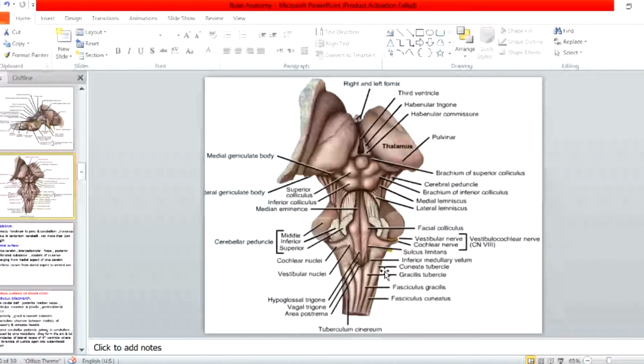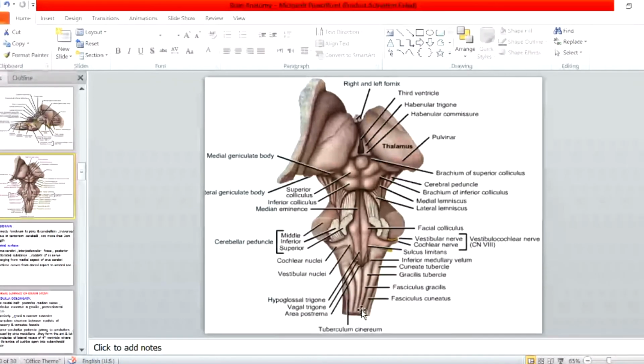Now looking at the dorsal surface of the medulla oblongata, you see the dorsal surface in the lower half is closed, in the upper half it becomes opened. In the lower half, again you have the posterior median sulcus. Lateral to it is an elevation on each side, we call it the gracile tubercle. Lateral to this is the cuneate tubercle, which continues as a band into the spinal cord.